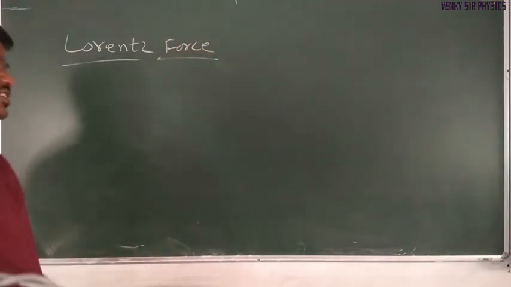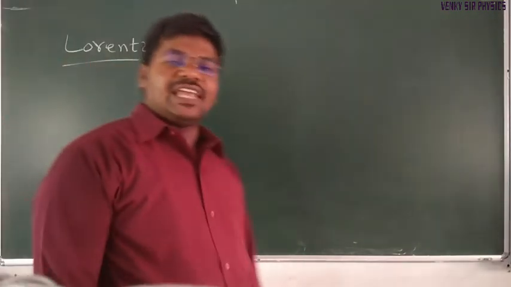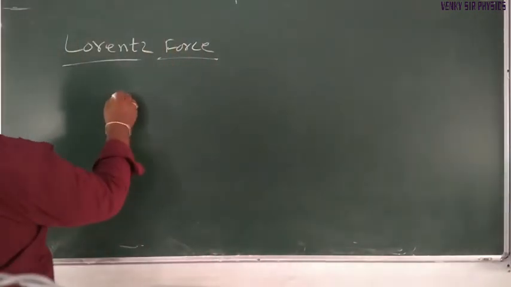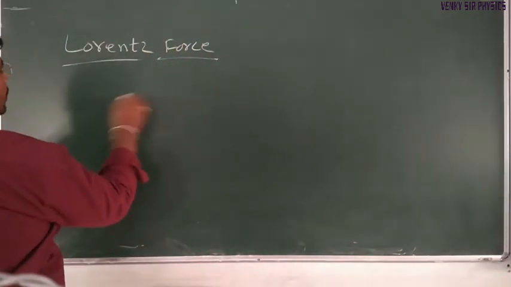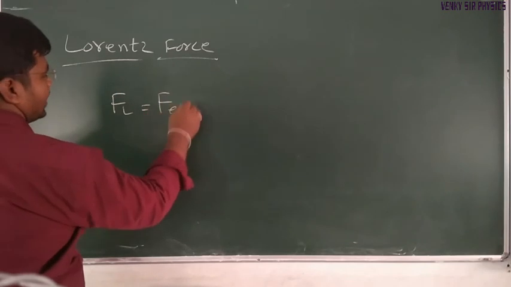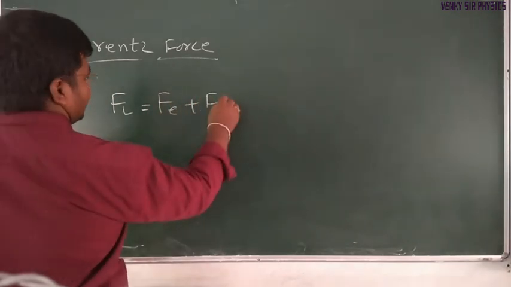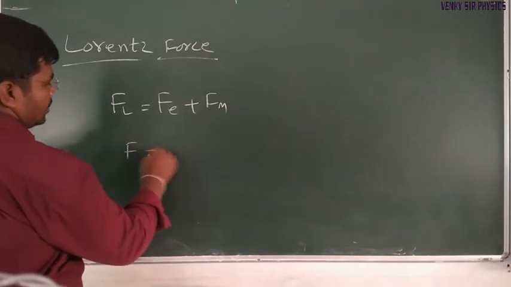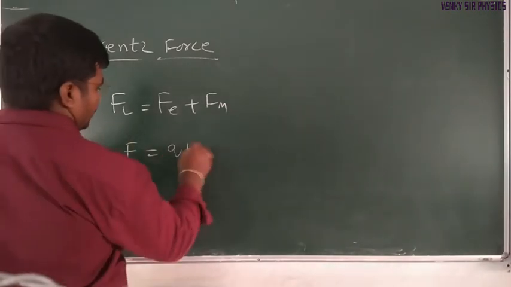Lorentz force is defined as the sum of electric and magnetic force. So F Lorentz is equal to F electric plus F magnetic. We know that F electric is equal to qE.